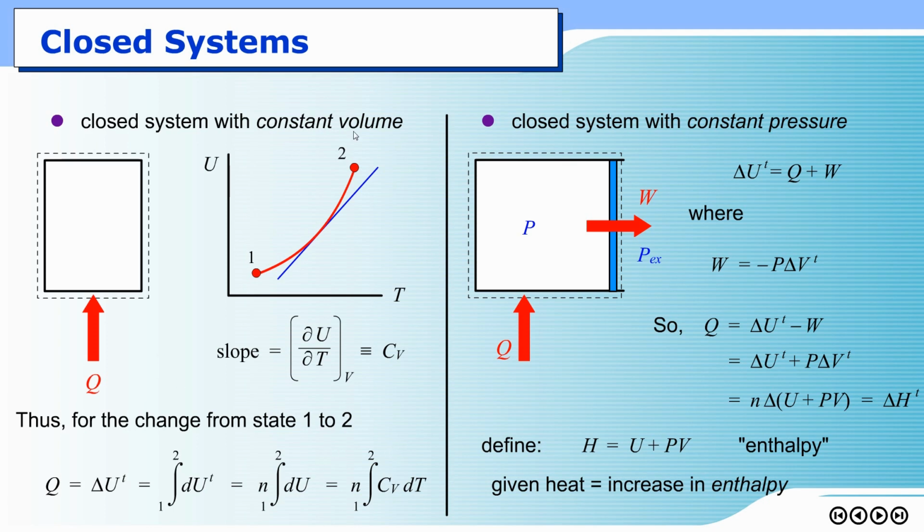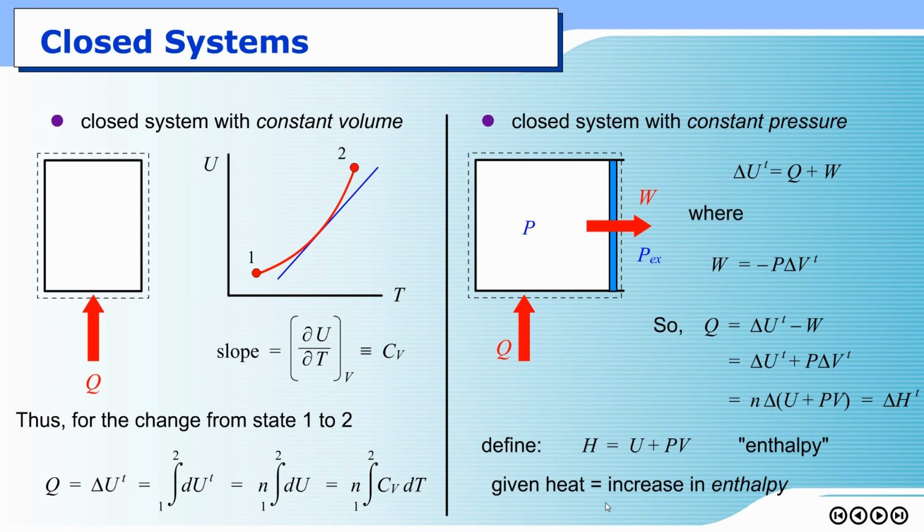For a system with constant volume, we said that the given heat would equal the increase in internal energy. The amount of energy transferred as heat will be added to the internal energy of the system.